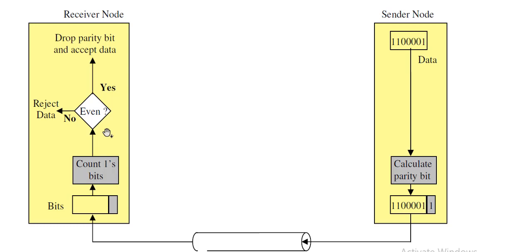An error might occur without us detecting it. So here it's not 100% sure that the error has not happened. But if the number of ones is not even, which means it's odd, here we are 100% sure that an error has happened, and we need to resend data, which means that this packet will be rejected and we need to resend the data again.